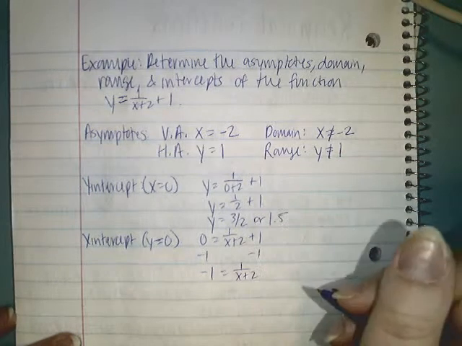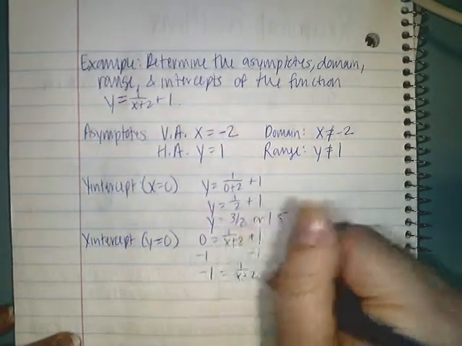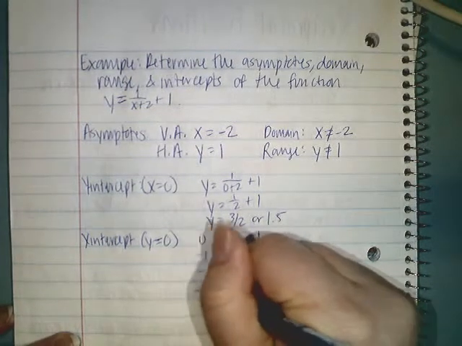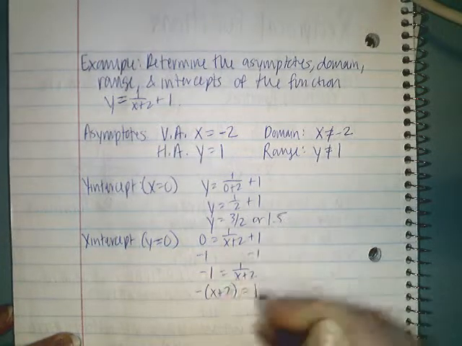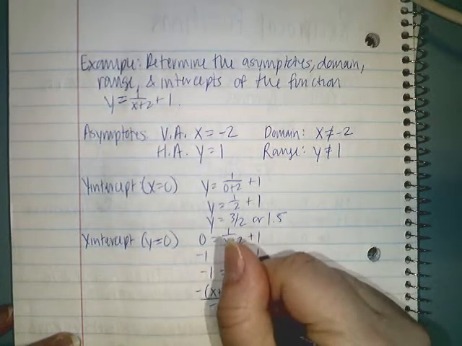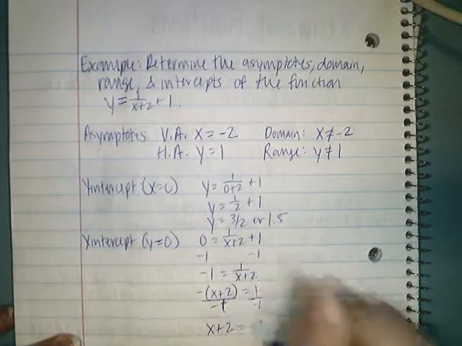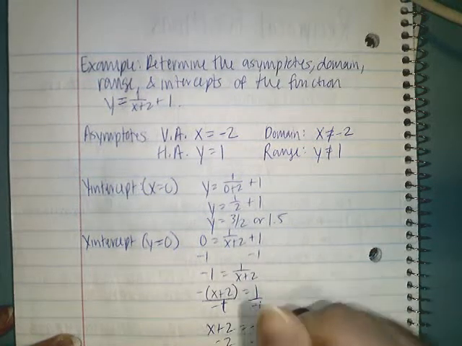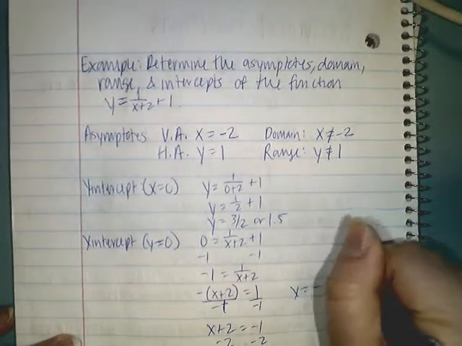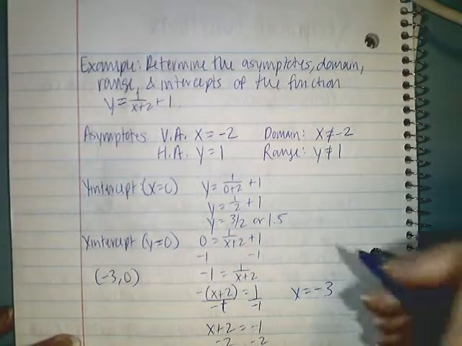I'm going to multiply both sides by x plus 2, or you can think of it as cross multiplying, but I end up with negative x plus 2 equals 1. I'm going to divide away my -1, and I get x plus 2 equals -1, subtract 2, and I get x equals -3. So my x-intercept will be -3, 0.